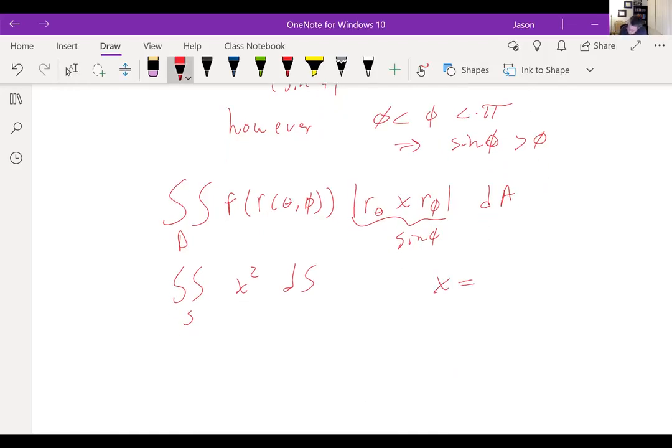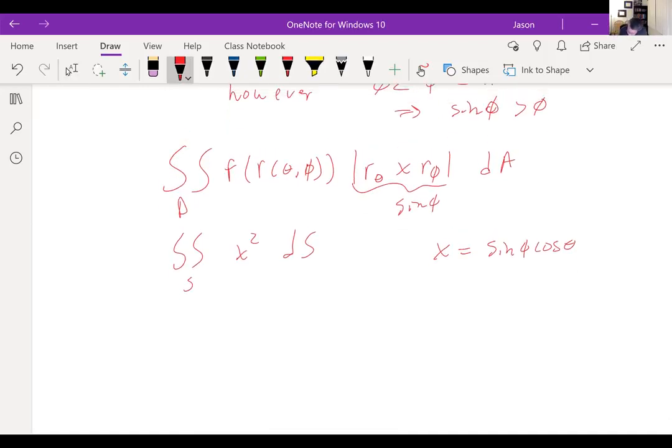So x is equal to, in terms of theta and phi, sine phi cosine theta. Okay, that's good.